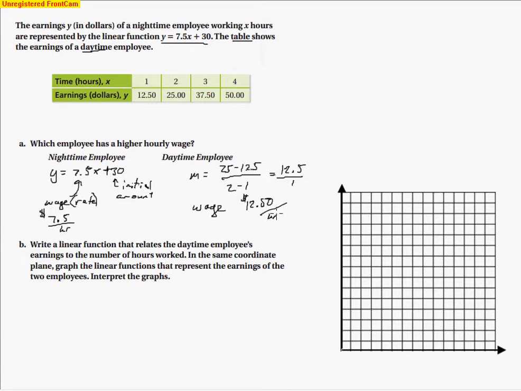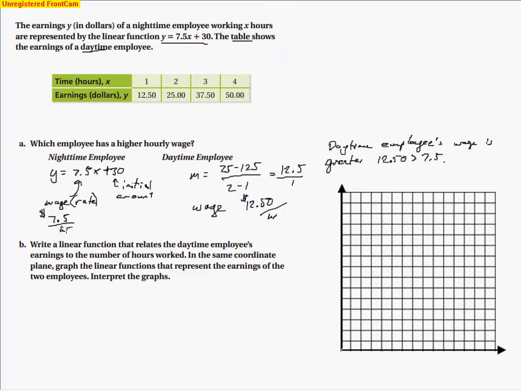So we see that the daytime employee's wage is higher. So we'll write that down: daytime employee's wage is greater. And we can show that with a math statement: 12.5 is greater than 7.5.